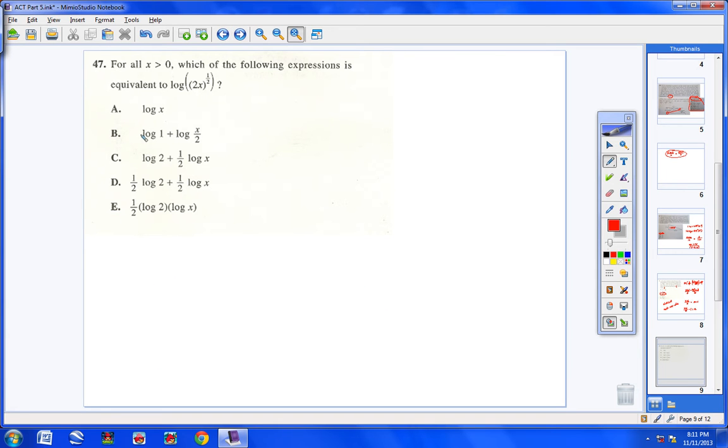All right, number 47. Now guys, I'm going to quickly give you a list of logarithmic properties you need to be familiar with. Are you ready? Okay, the log of x times y, and I'm going to put arrows pointing both directions because it goes both ways, is the log of x plus the log of y. Okay?